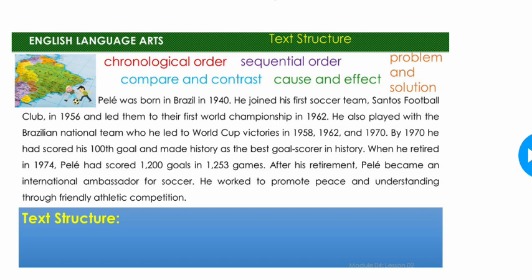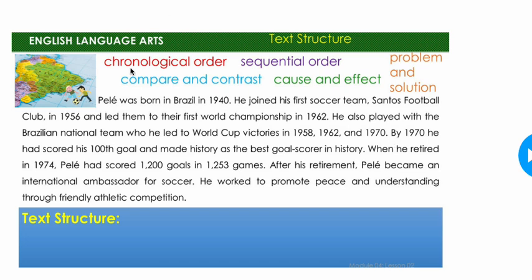Something that I notice right here is I'm hearing some dates, like born in 1940, joined his first soccer club in 1956, led them to a championship 6 years later in 1962, played with the World Cup team in 1958, 62, and 70, and in 1970 scored his 100th goal.